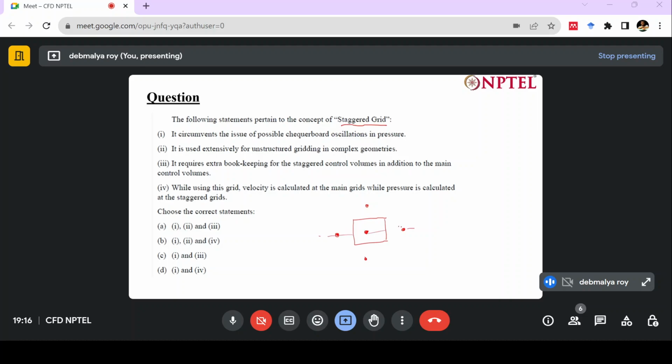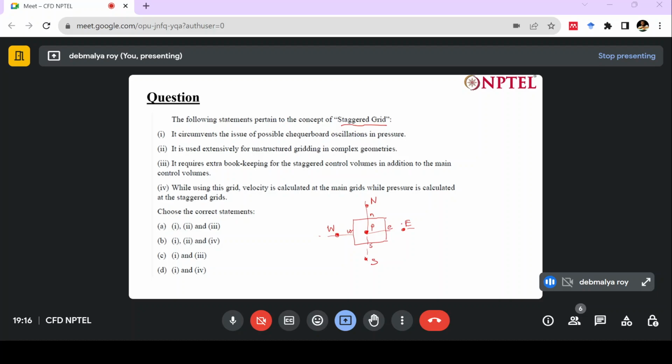Suppose this is point P, and this is east, west, north, south, and these interfaces are E, W, N, and S. At the interfaces, we calculate the flux, and by the balance of flux, we arrive at the governing transport equation in a discretized form.